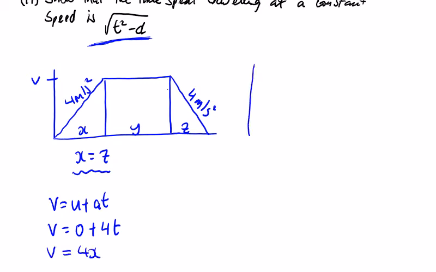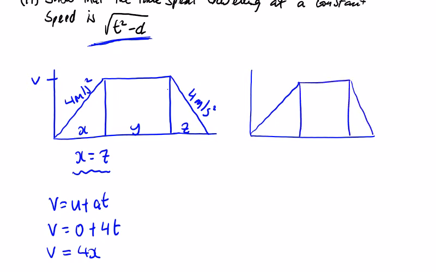If I just sketch this again, maybe a bit better than that. As x and z are equal, I can call this x and x, just to limit my variables. And I have a v here. So we can say that 2x plus y is equal to my time taken.